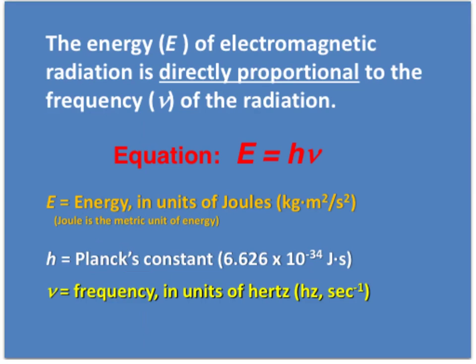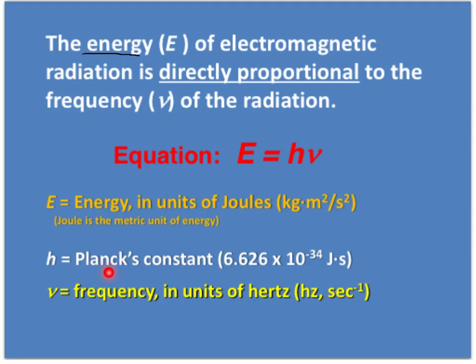Alright, so light also has energy. The energy of electromagnetic radiation is directly proportional to the frequency of the radiation. So E, our energy, is equal to h nu. E is the energy in joules, or kilogram meters squared per second squared, but we just simply use joules.